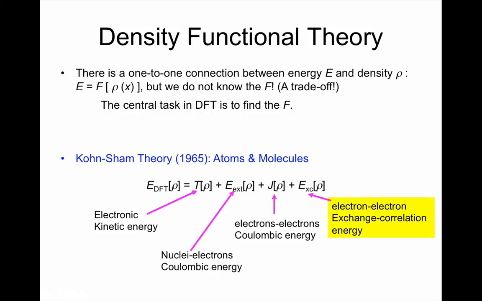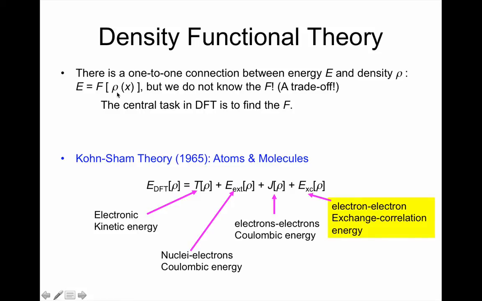It turns out that there is a one-to-one connection between the energy and the density. That is, if we know the density for our system, then we can actually calculate the energy based only on our knowledge of the density.